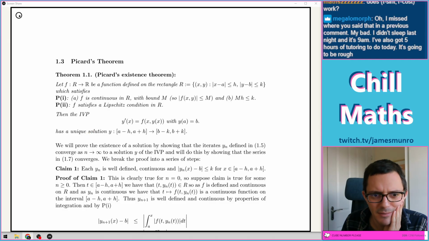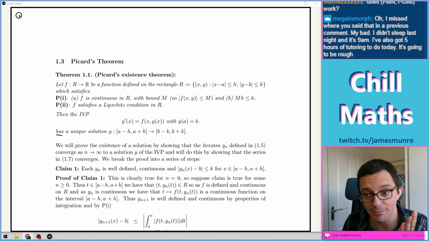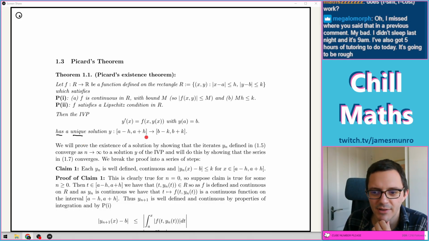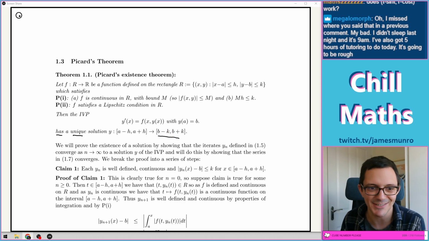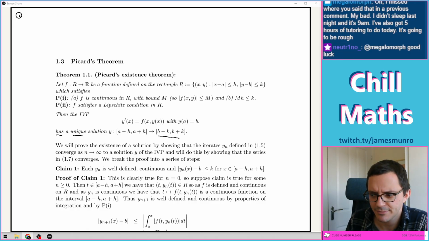So multiple things going on here. The fact that it has a solution is interesting, because we've seen examples where this thing blows up or there isn't any function that does this at all. The fact that it's unique is interesting because we've seen cases where there are multiple functions that might do the same thing. And the fact that the values lie in a particular range is also interesting because we've seen these things get extremely large as they blow up.